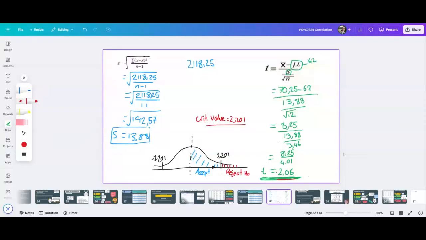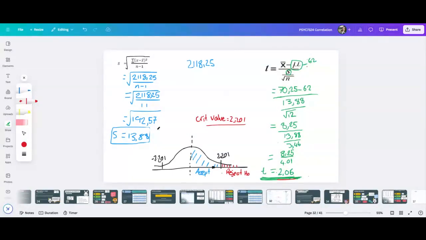Okay, so rounding up. If you are asked to calculate a t-test, the important things that you need to remember are to obviously work out the mean for your sample. You would be given this population value you're comparing it to, and you would need to then work out the standard deviation. Okay.